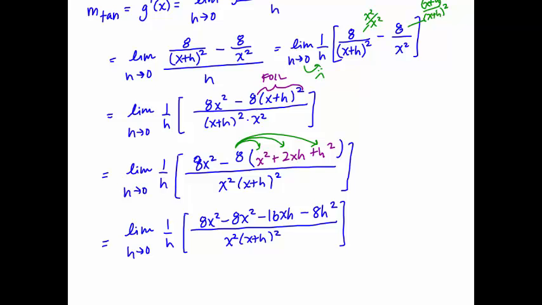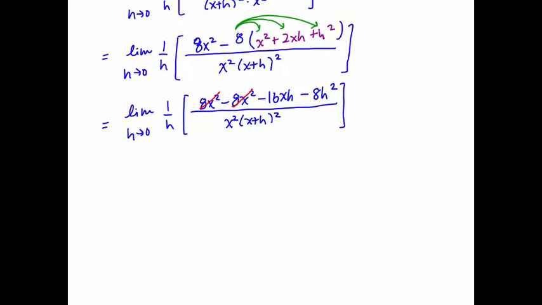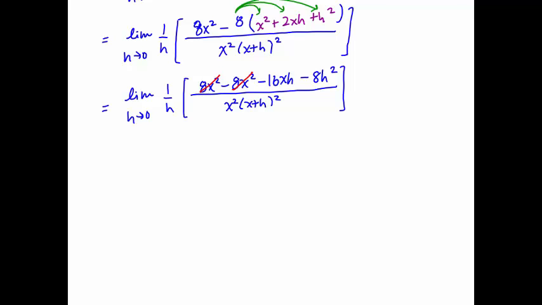Then we simplify, the x squareds go away. That's very nice. I prefer that, in fact, for it to get smaller. And we'll take out an h in the next step. So these two terms share an h, and that's what we want to cancel with this h, which is down here, so that we can evaluate the limit. So we could take out the whole GCF, which would be negative 8, or we can just take out the h, whatever makes you feel comfortable.